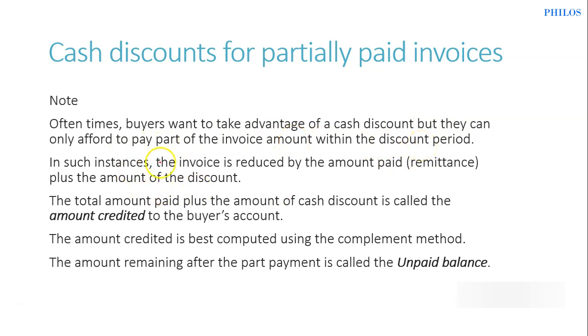In such instances, the invoice is reduced by the amount paid, that's the remittance, plus the amount of the discount. So the total amount paid plus the amount of cash discount is called the amount credited. The amount credited is best computed using the complement method, and the amount that remains after the part payment is called the unpaid balance.